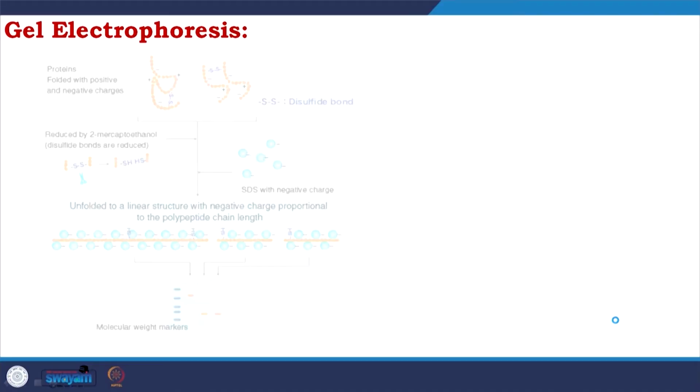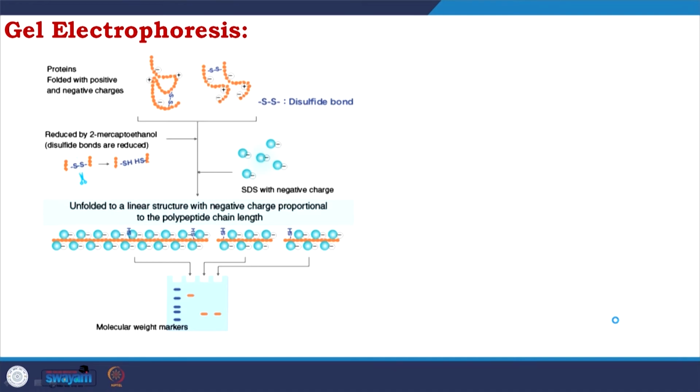Another very interesting technique is gel electrophoresis, and this is a very handy technique. So, what is the principle? The protein might have disulfide bonds and might have positively or negatively charged surface. So, to reduce the disulfide bond, you add 2-mercaptoethanol and you boil. Also you add sodium dodecyl sulphate, that is why it is called SDS gel electrophoresis.